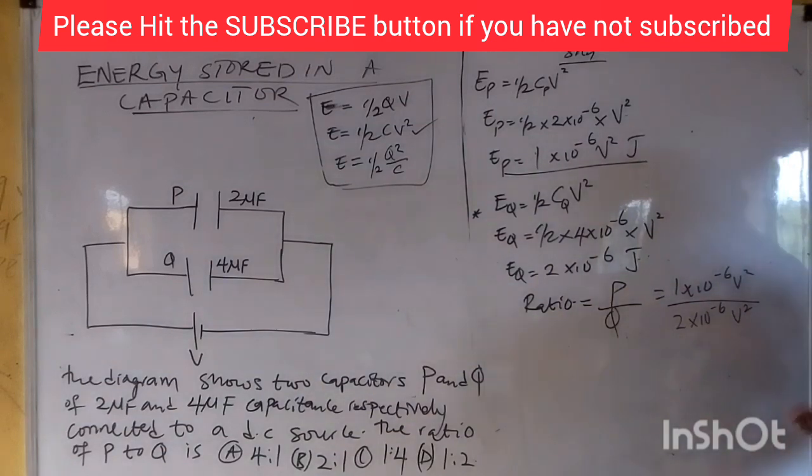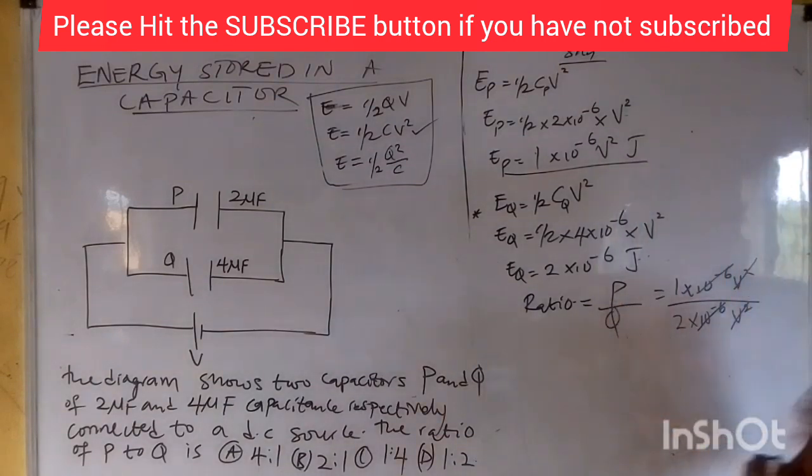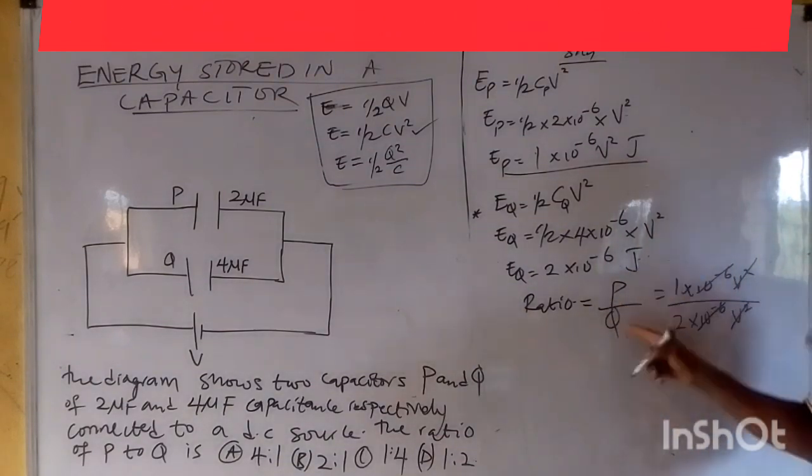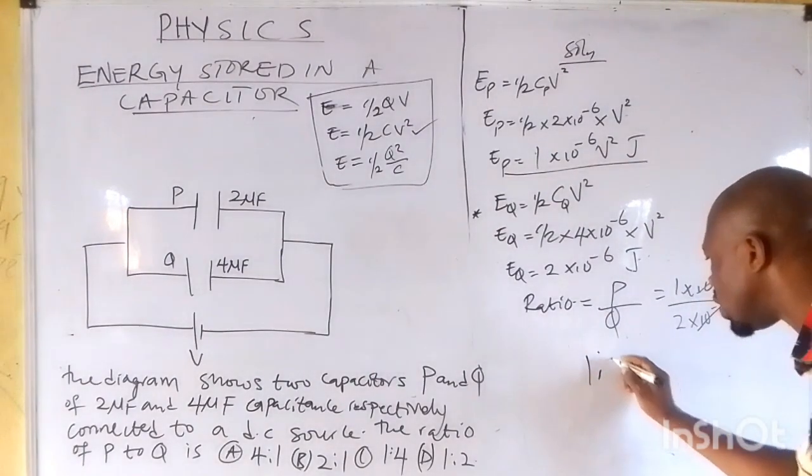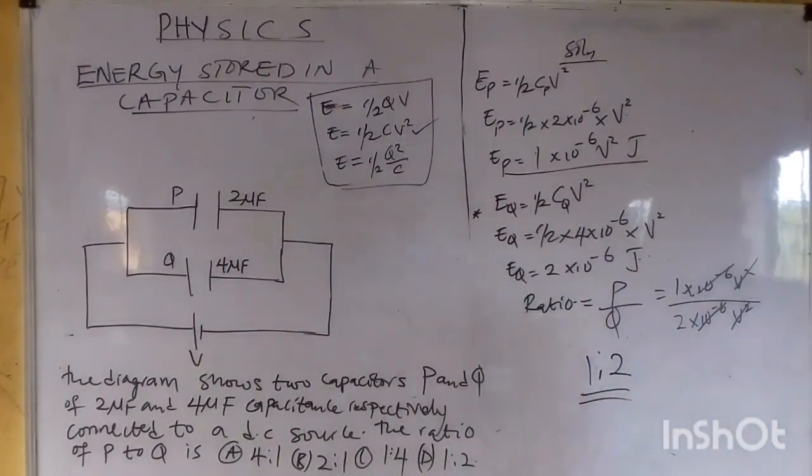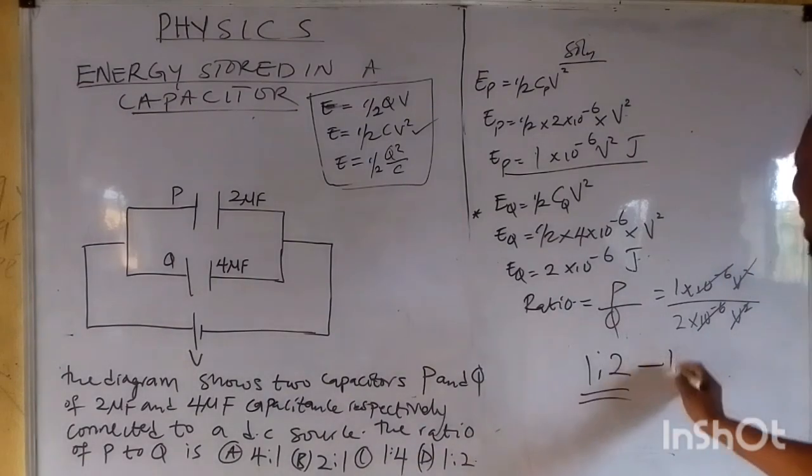Let's see what cancels out. V squared cancels V squared, and the powers of ten cancel, and what remains is 1/2. Therefore, the ratio of energy stored in P to Q is 1:2, and 1:2 is option D.